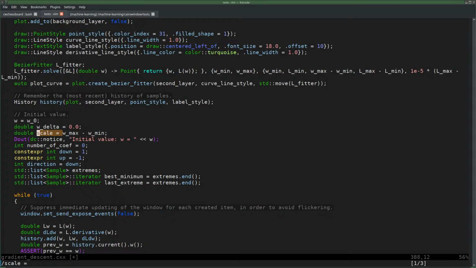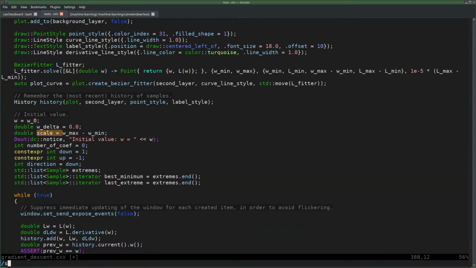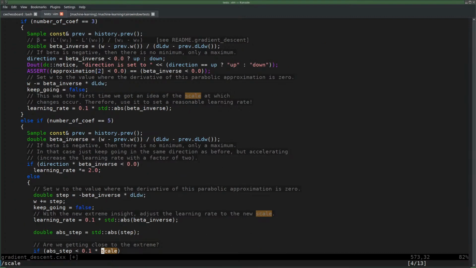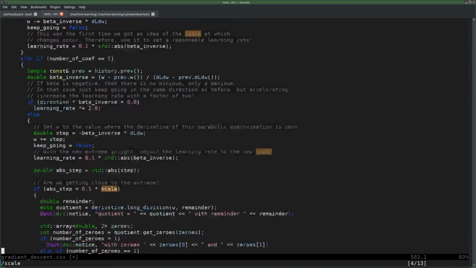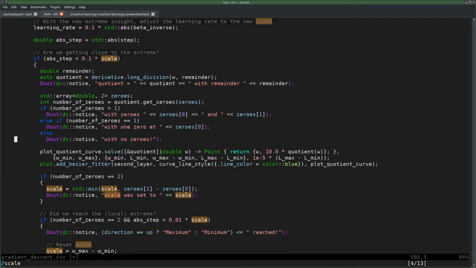Yep. So we start with that value. And then I use 1/10 of that to see if we get close to an extreme. Although, no, I don't want to do this. I don't want to do this.